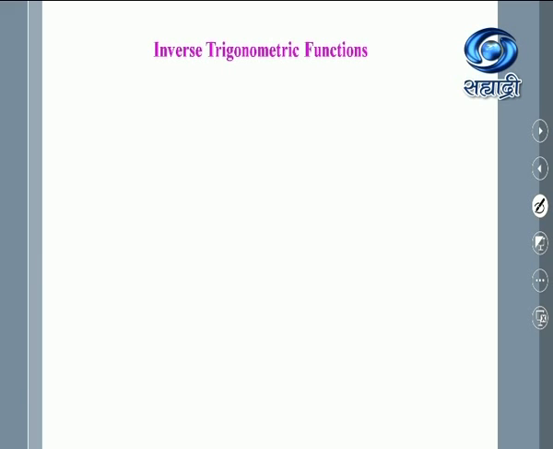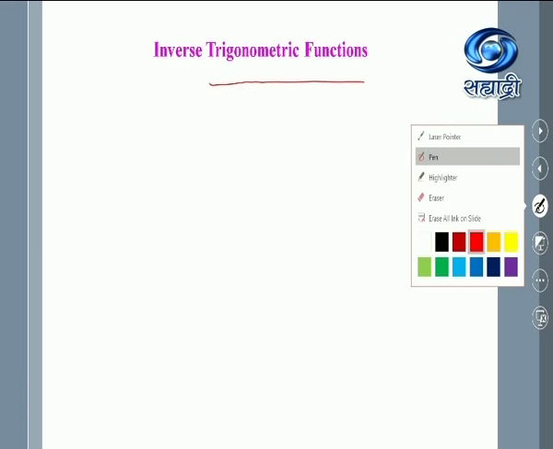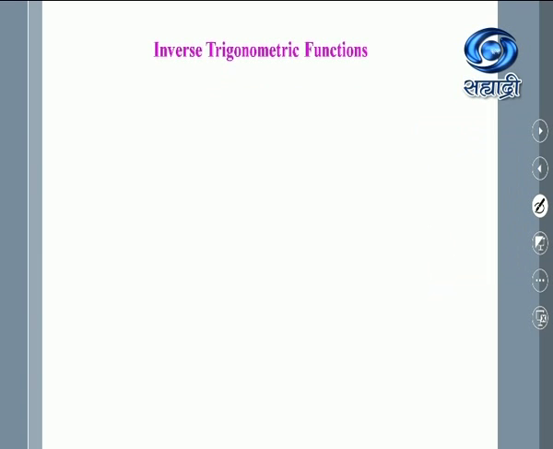Now the third article from this chapter is the inverse trigonometric functions, which is a very important topic, because you need this in calculus. Actually trigonometry is very important in calculus, so all the concepts must be very clear. Now the trigonometric functions, the concept you already did in standard 11. Inverse of the function also you had done in standard 11.